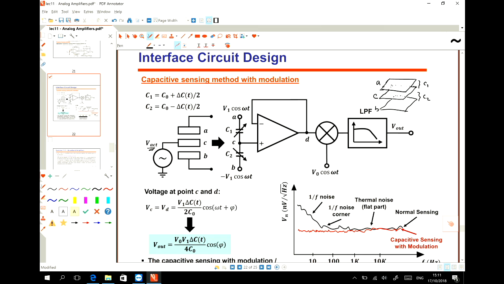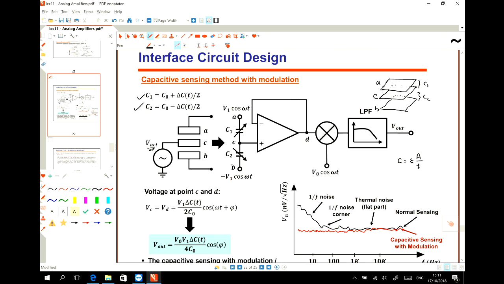So I write down C1 and C2 in this way. You know that C equals epsilon A over T, where T is the distance between the two sheets.